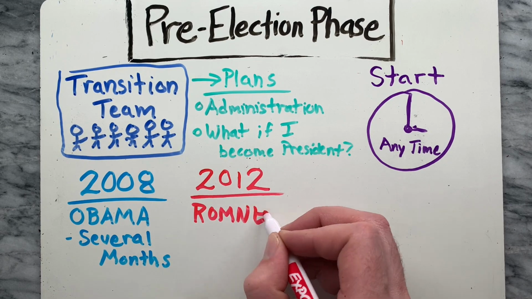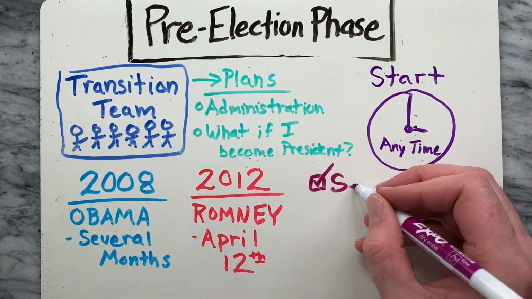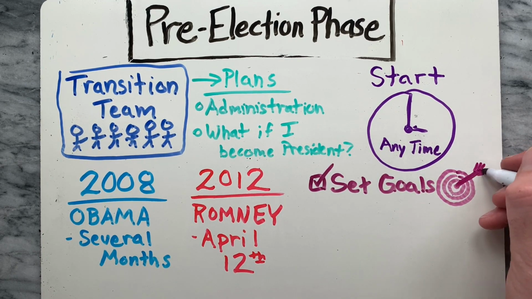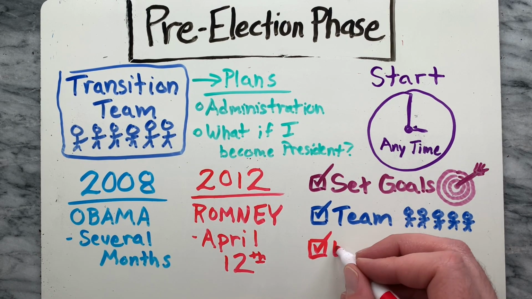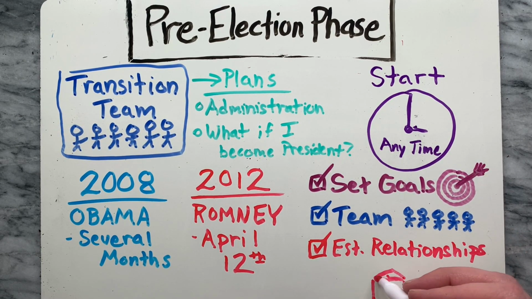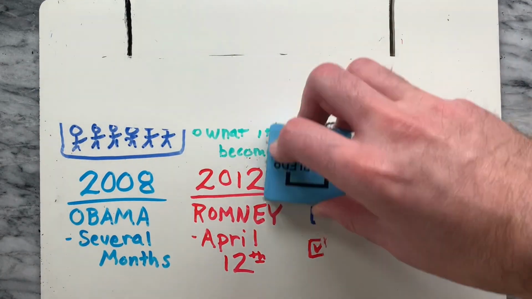And in April 2012, before Mitt Romney became the Republican Party nominee, the Romney presidential campaign began planning for a potential transition. Key activities in this pre-election phase include setting goals, organizing a transition team, and establishing relationships with any important government entity like Congress, the FBI, and other administrations.